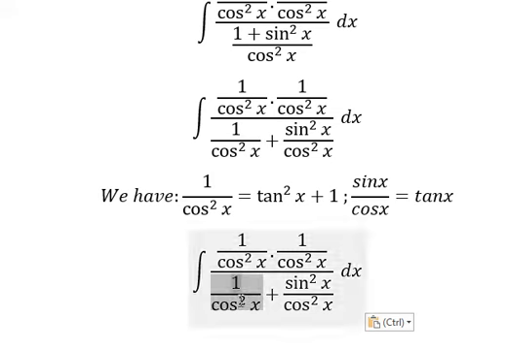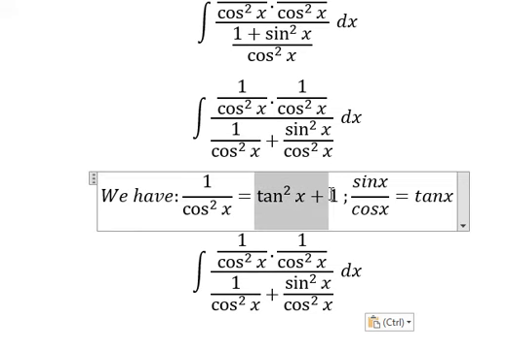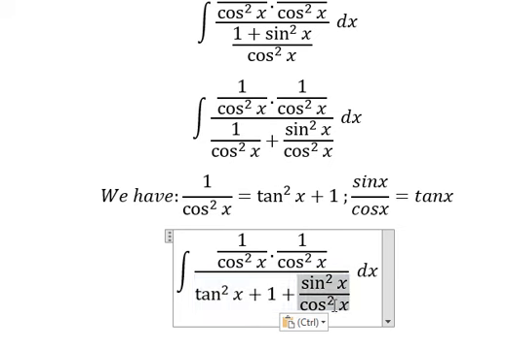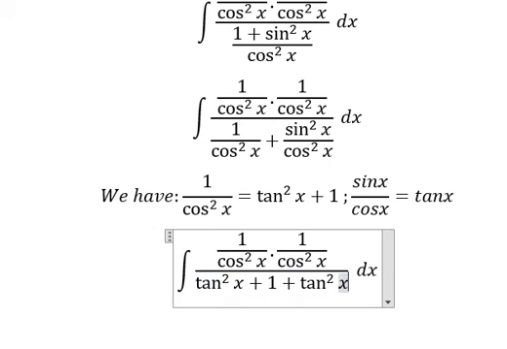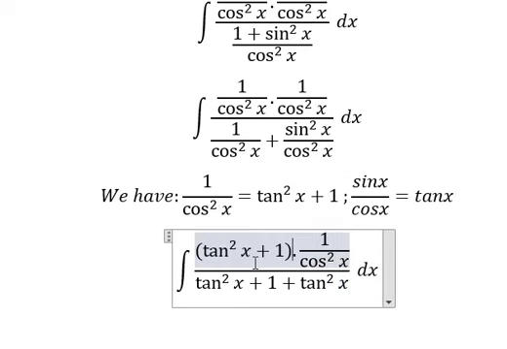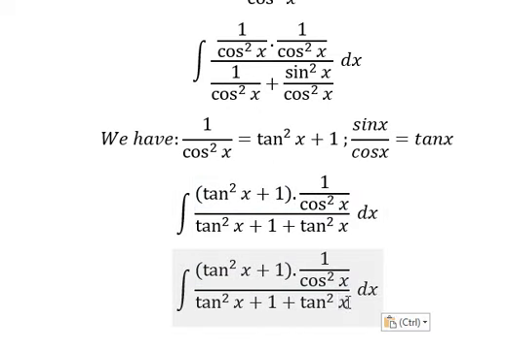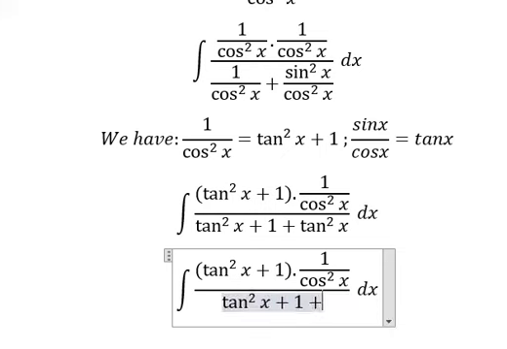So this one we change for this one, and this one we change for this one, and you get tan x square. This one we change for this one. And now tan x square with tan x square you get 2 tan x square.